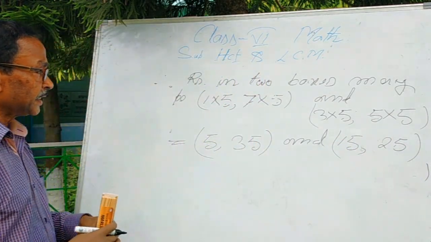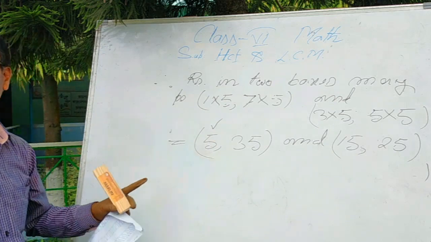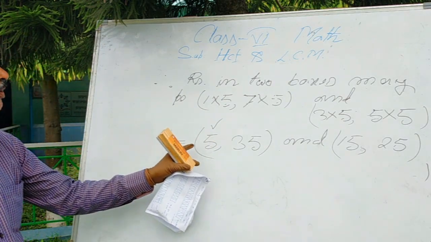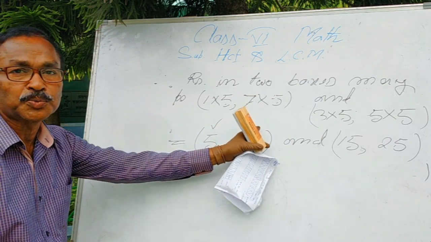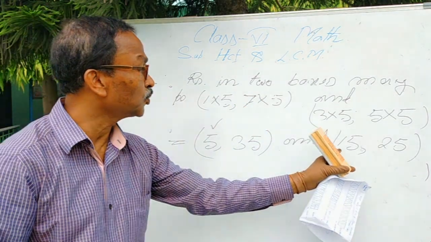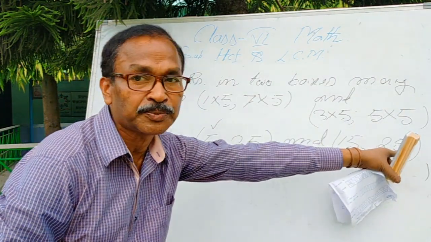Look here, the minimum is 5 rupees in one box. If in one box rupees 5, then another box will be rupees 35. And if in one box rupees 15, then in another box will be rupees 25.